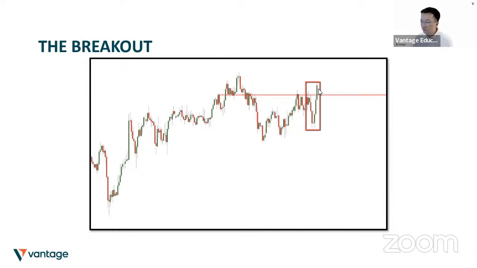What you could be looking for here, as a confirmation, is a three candle price action, giving you the indication that we've got three white soldiers pushing up, breaking above that resistance level, and more upside is likely.